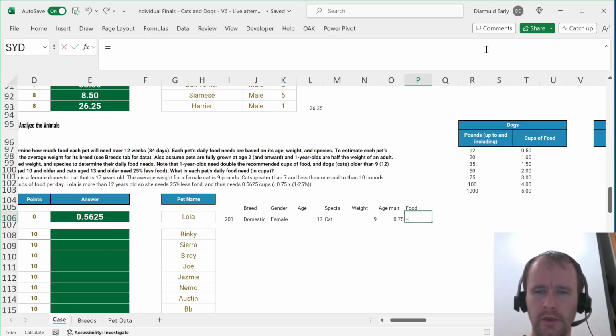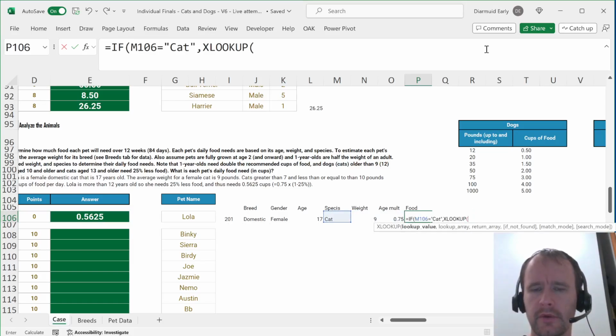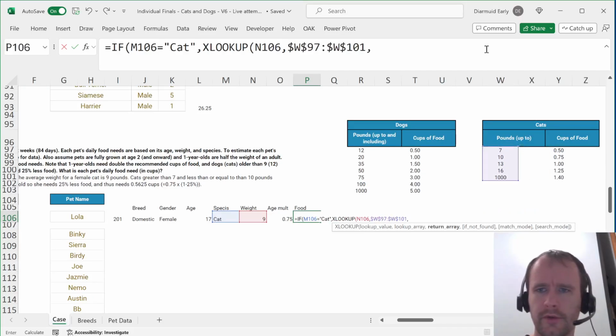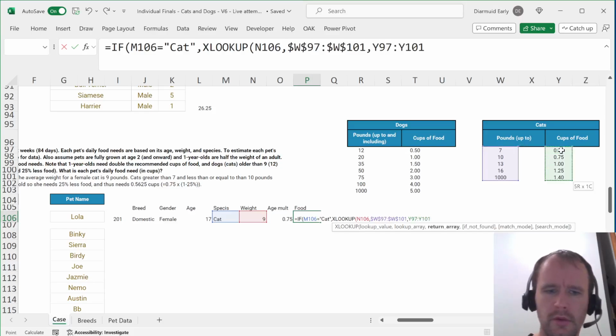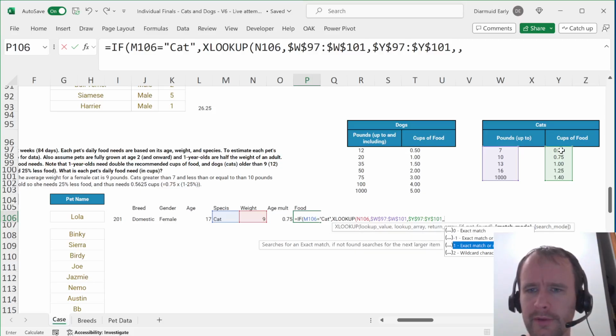So then food, and that's going to be if this equals cat, then XLOOKUP the weight in here, returning from here, exact match or next larger item.